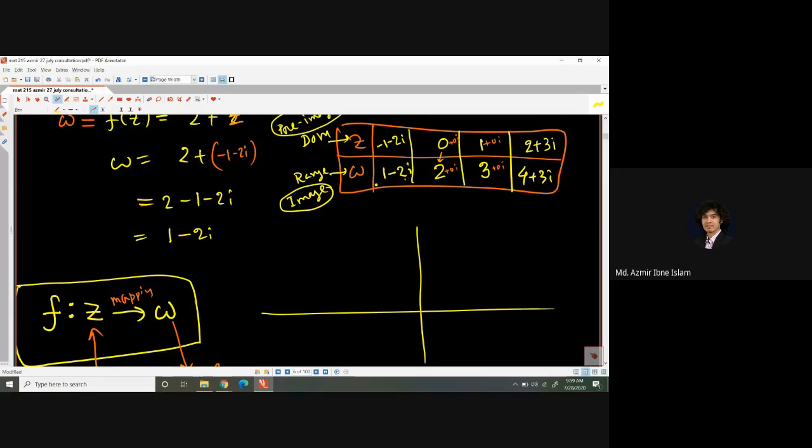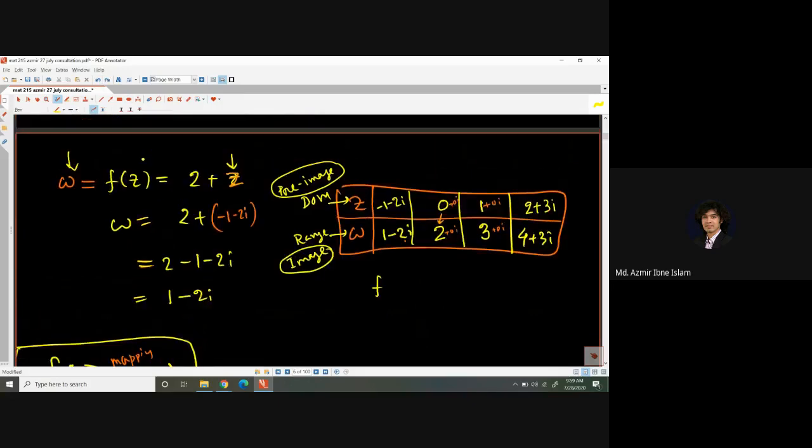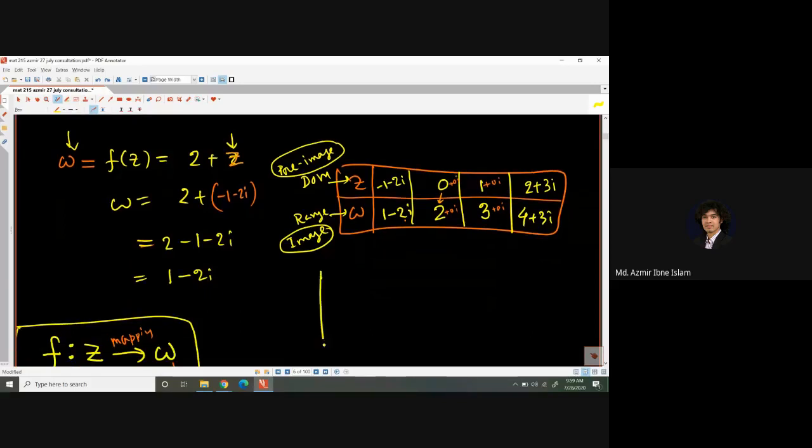So now we are trying to draw this function, a complex valued function, but we can't actually draw the figure. What we can do is draw the z plane separately, where we have x, y. So the whole z plane, the x axis, y axis, is acting as the domain part.